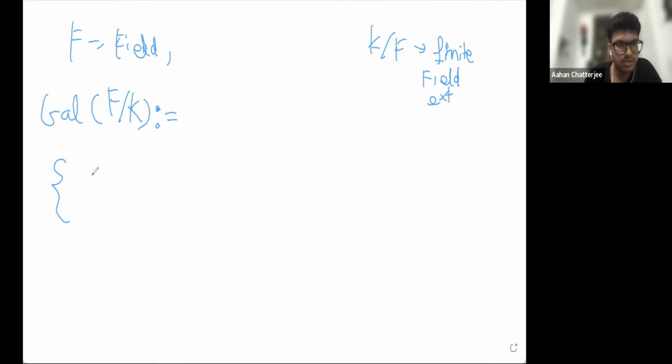is basically the set of, okay, I'll define automorphisms of a field in just a moment.